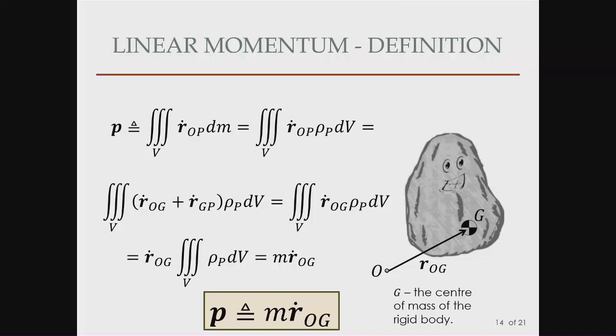What we are going to do now is to take the time derivative of this. So P dot equals M ρ OG double dot, the time derivative of this, and relate it to the sum of forces.